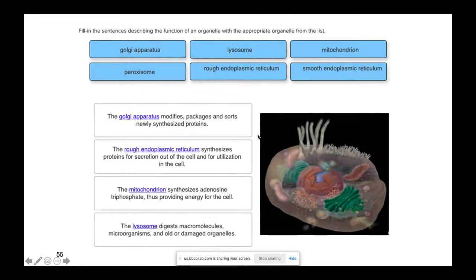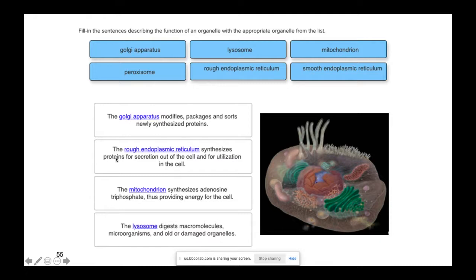So some of the questions that I've seen pop up are pretty straightforward. Looks like we do have some sentences here, and what's in blue is missing, so you'd have to drag what you see above down. The blank modifies, packages, and sorts newly synthesized proteins. Well, we know what synthesizes the proteins is the endoplasmic reticulum, but what modifies them and packages them is the Golgi apparatus. So that's here. The green here is the Golgi apparatus.